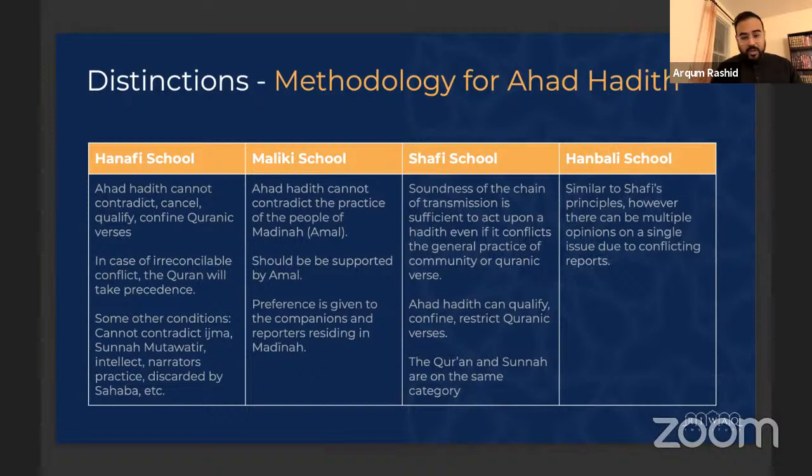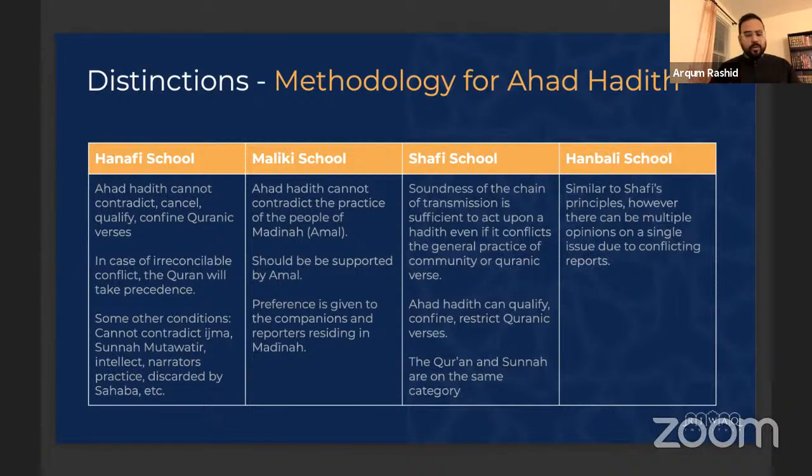Some of those conditions are it can't contradict ijma'. So not only can it not contradict Quran, it can't contradict ijma'. It can't contradict sunnah mutawatir. So a hadith or a sunnah, a prophetic practice that's established through mutawatir means, it can't contradict that either. It can't contradict the intellect. So if it's something that's khabr ahad and it drastically contradicts the intellect, right, it doesn't fit in, then they will not accept it.